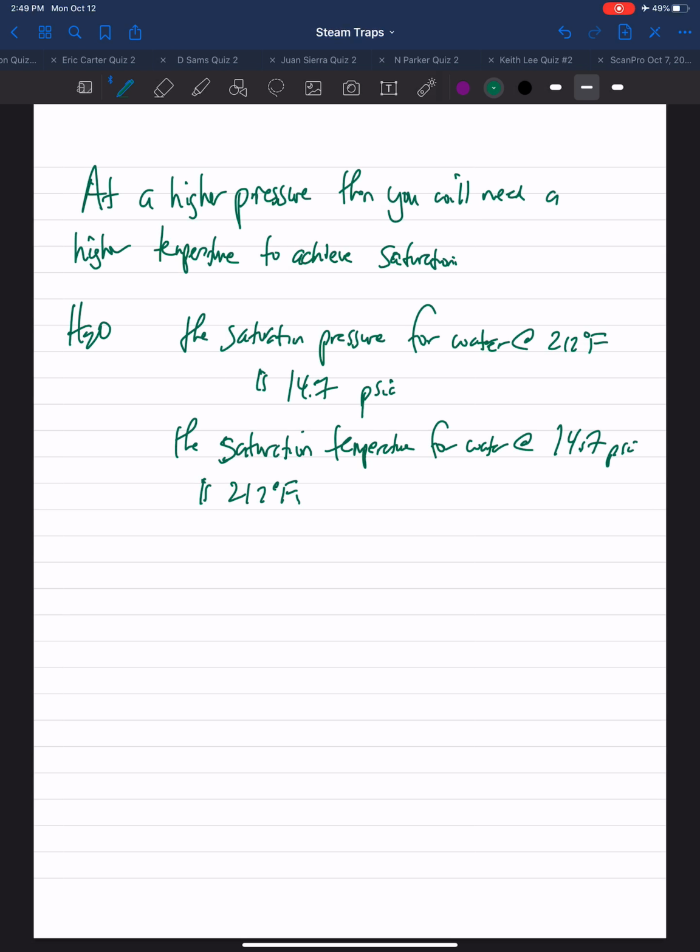So if the pressure was higher, let's just say 25 or 50 psi, then we would need a higher temperature to achieve saturation. So as pressure increases, you need higher temperature to achieve saturation.